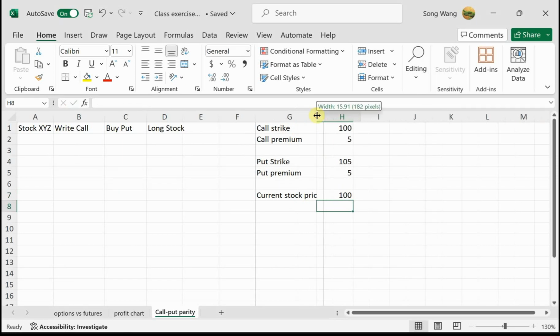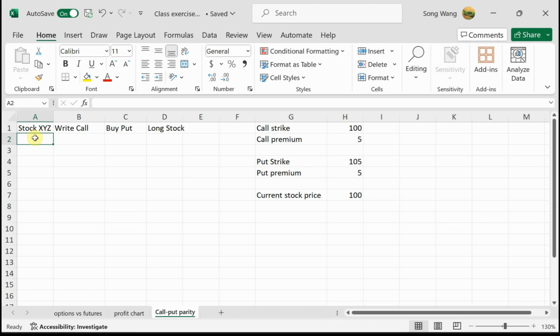Okay, so that's a setup provided by the textbook, and you will need to generate the stock prices, let's say starting from $5 then to $7.5. Make them in a dollar format, same format here.